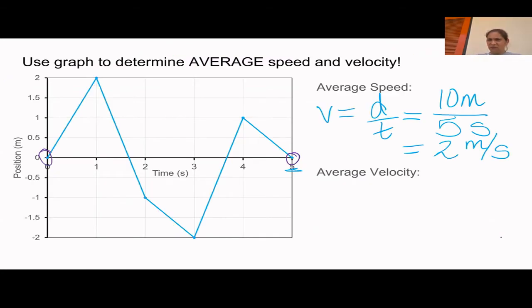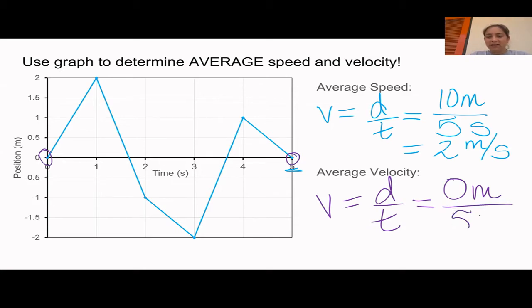So then what is the average velocity going to be? Funny enough, the equation's the same. It's just the D and the V stand for different things. So here, this is displacement. And so our displacement was 0 meters. Our total displacement. Time was 5 seconds.